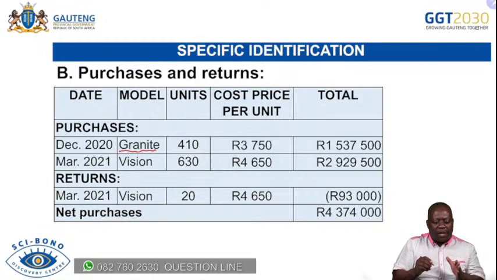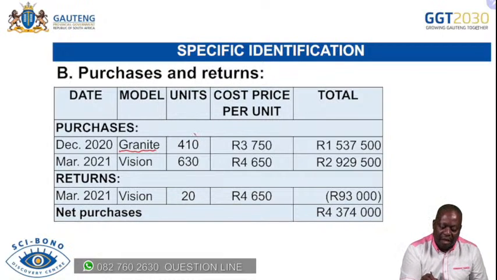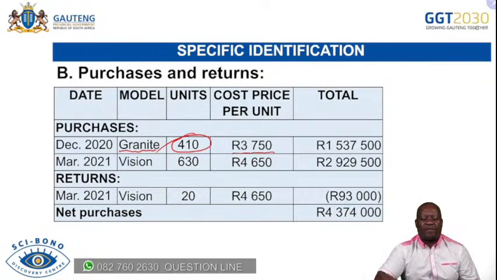Now, in December, we bought the Granite. In the Granite, they are 410, and the price is 3,750 for one. I am interested in the cost price per unit.